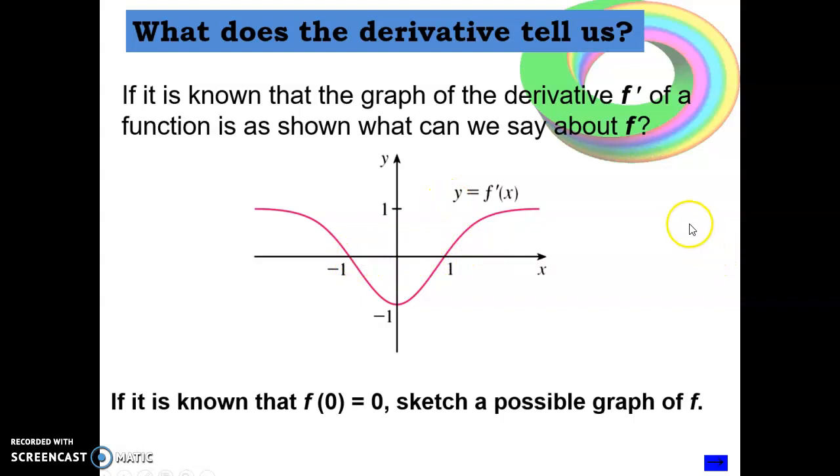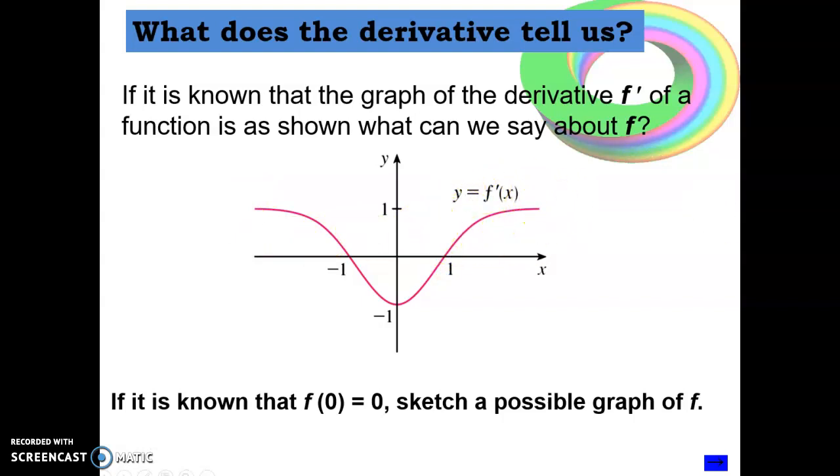What does that tell me about the original curve? That tells me that the original curve must have horizontal tangent lines at those 2 points. What else does this derivative curve tell me? In the interval from negative infinity until x equals negative 1, the derivative curve lies above the x-axis. And from 1 to infinity, the derivative curve lies above the x-axis.